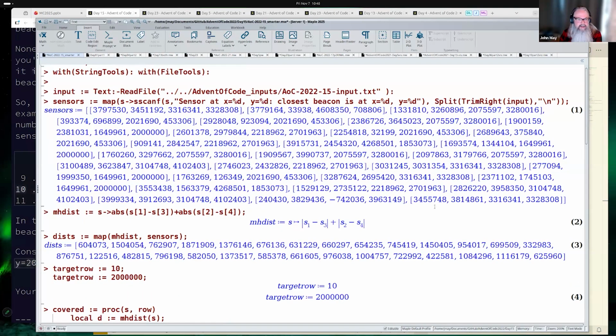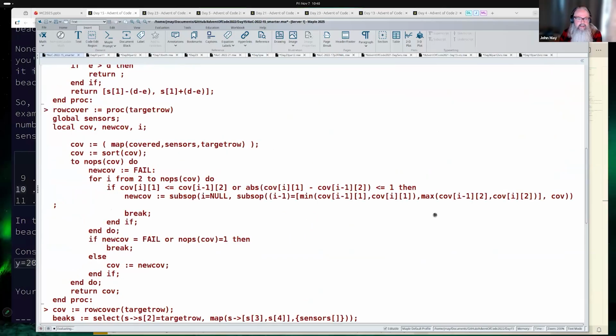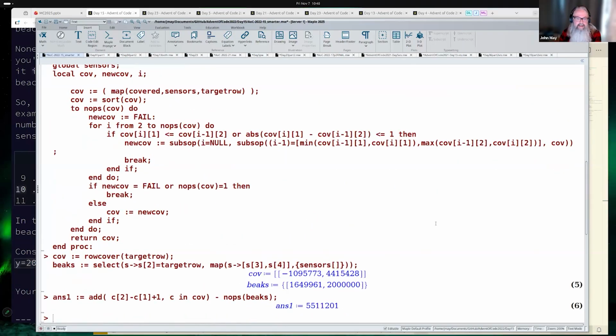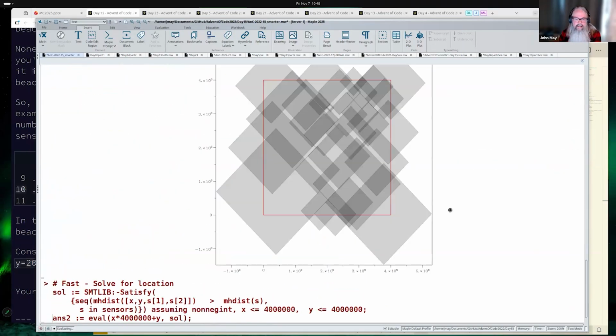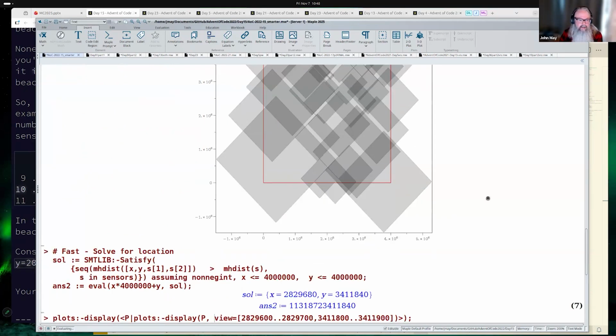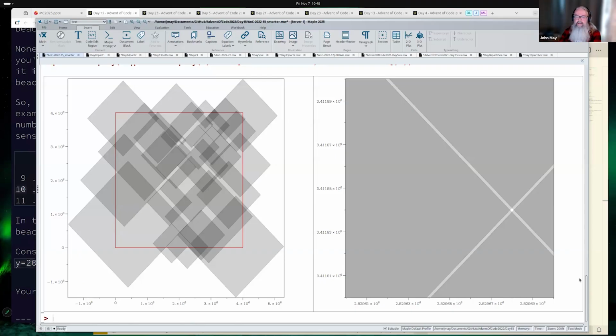There's a whole bunch of scanners here. The first part just asks you to look at a single row of this thing and count how many squares have been covered by scanners, which is relatively straightforward.